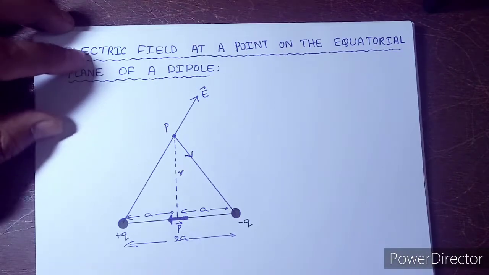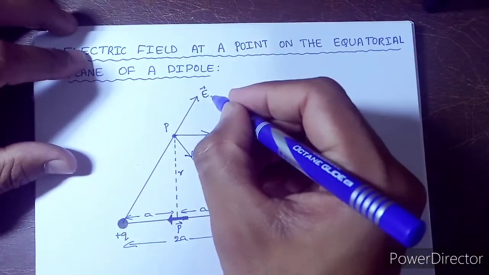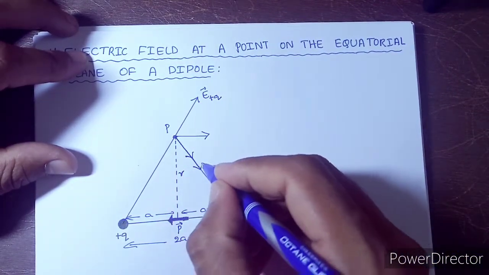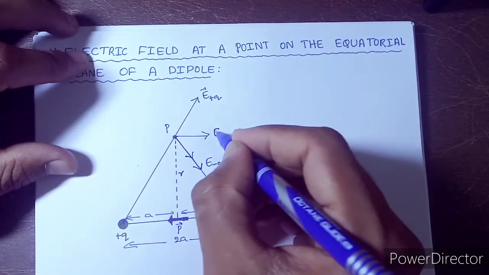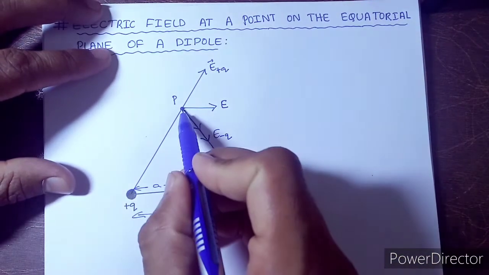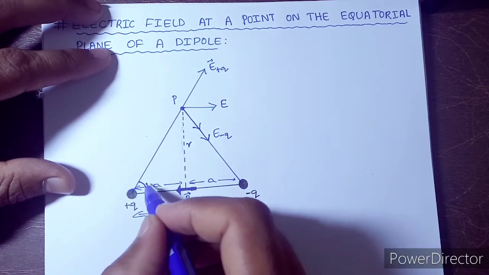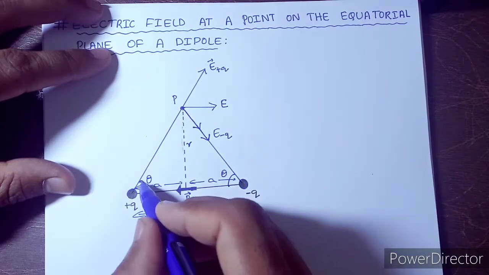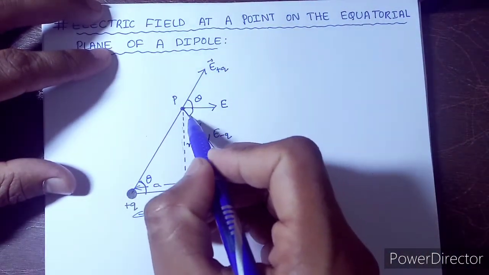Then the resultant electric field will be in this particular direction. So this is electric field due to the positive charge. This one is electric field due to the negative charge, that is E minus, and this one is the resultant electric field. Now what I will do, I will consider this triangle, and in this triangle this angle is theta, means this angle also will be theta. So if this one is theta, this will be theta, and here also this will be theta.